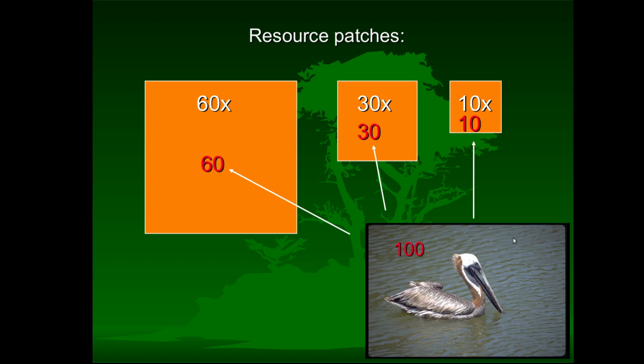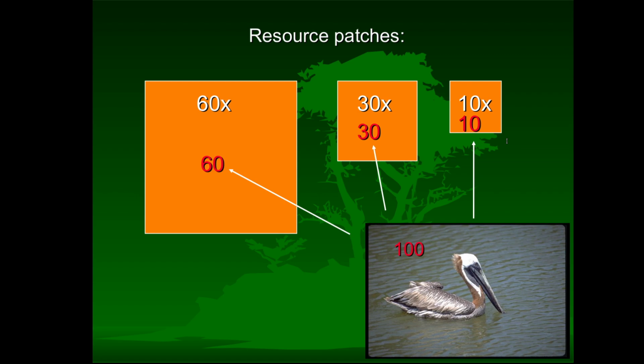And what does this mean in terms of resources per individual? It means that each individual has the same level of resource. 60 over 60 is 1, 30 over 30 is 1, 10 over 10 is 1. So this distribution of the population is called the ideal free distribution. Everyone's distributed in proportion to the resources in each patch, with the result that the resources are distributed perfectly evenly among everybody.